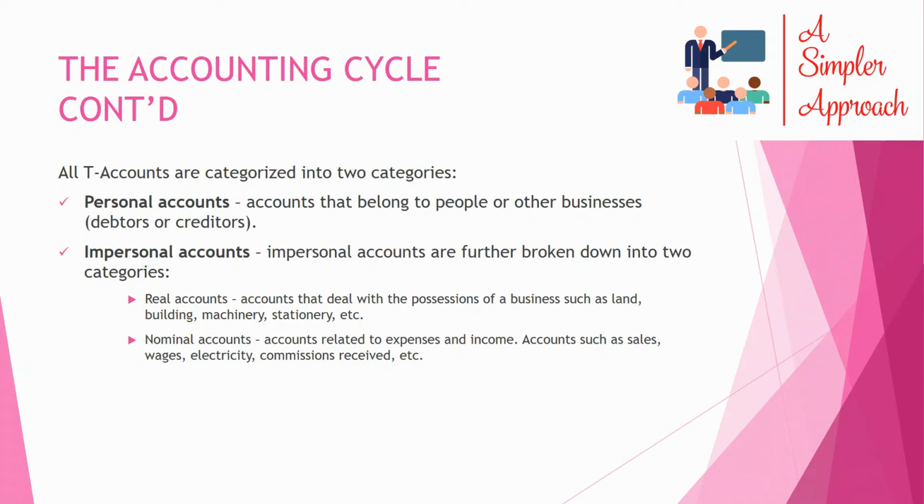Impersonal accounts are further broken down into real and nominal. Real accounts are those accounts that deal with possessions, such as land, building, machinery, stationery, possessions that the business has. Nominal accounts are those accounts that have to do with expenses and income.